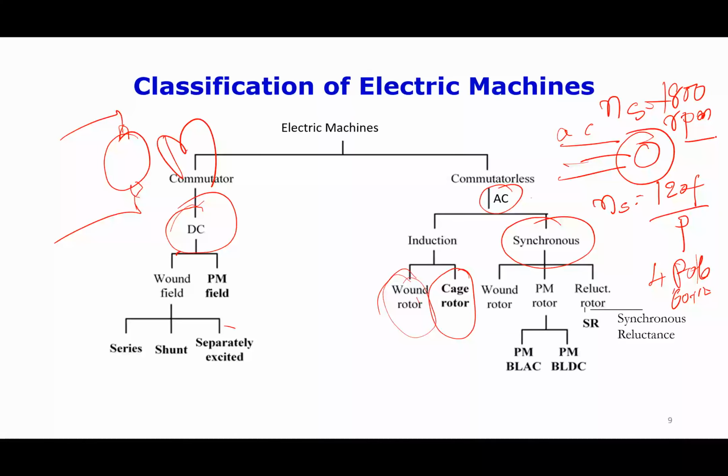The permanent magnet motors can be permanent magnet brushless DC motors, or permanent magnet brushless AC motors, also called sinusoidal back EMF motors. These are the trapezoidal back EMF motors, and these are the sinusoidal back EMF motors.